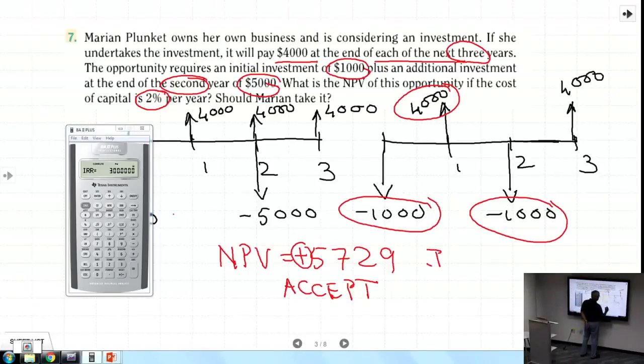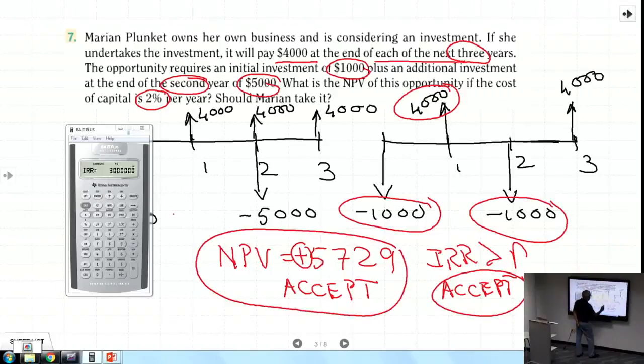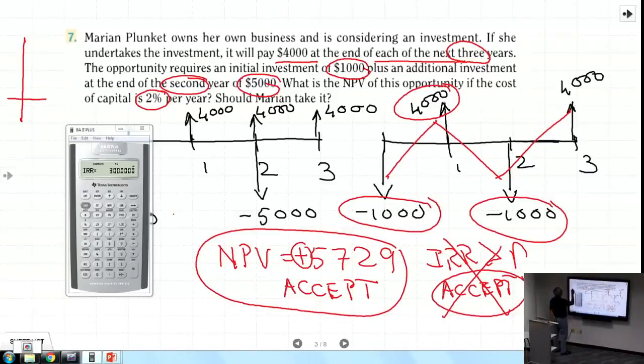And if that's the case, then IRR is greater than R, and we will also accept the project. But one of the reasons we don't use IRR over here, and we rely on the net present value, not the IRR method, is because we have this reversal in cash flow. Cash flow goes up, goes down, and then goes up.